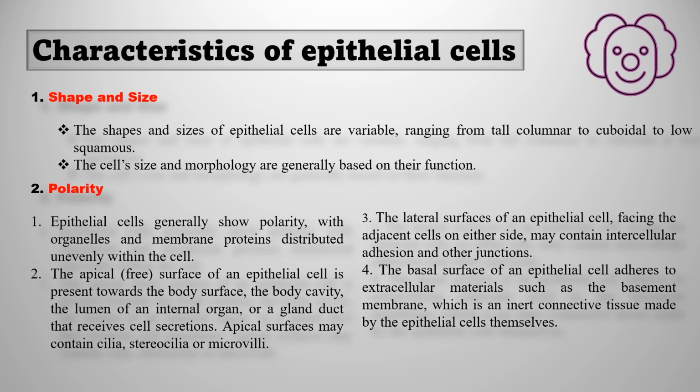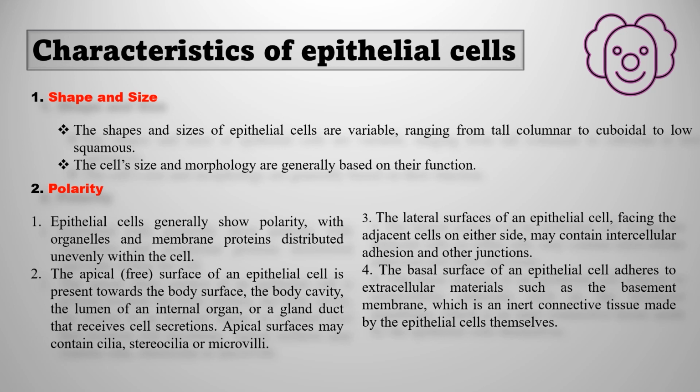It is a scale-like appearance. The cell size and morphology are generally based on their function. So here again, I would like you to understand and apply in all your biology science the statement that structure matches the function.